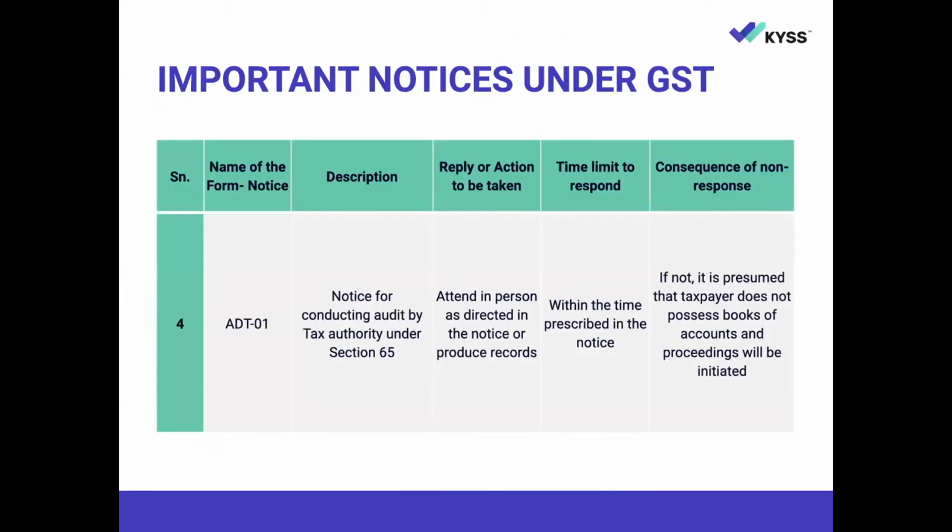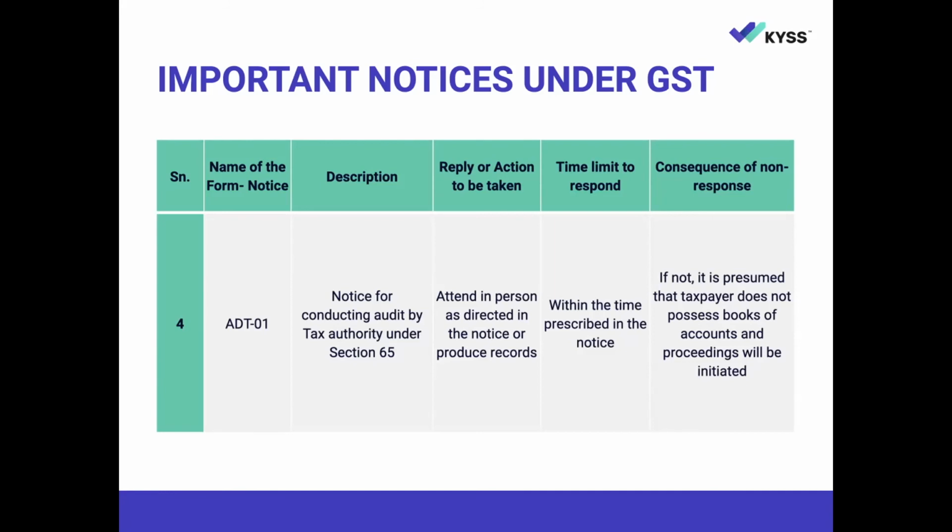The next important notice under GST is the audit notice. It's called the ADT for audit, ADT 01. This is basically done usually for an entire year, for a period. And this is for the department to assess in general whether the compliances have been met by the taxpayer and also have all returns been filed, has all the data that is required to be maintained in the law has been maintained or not.